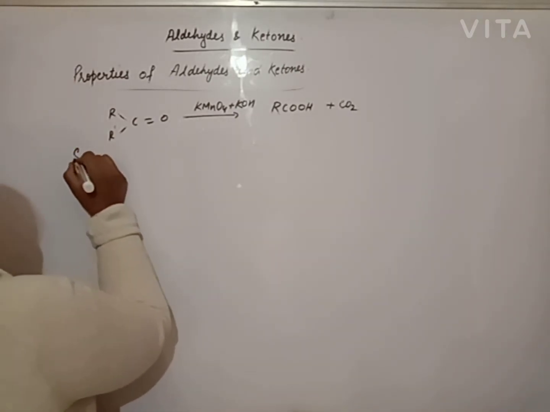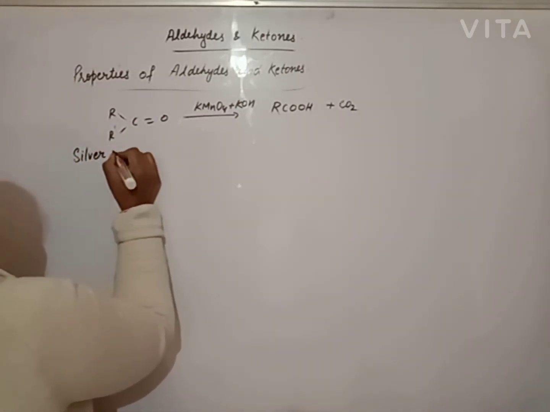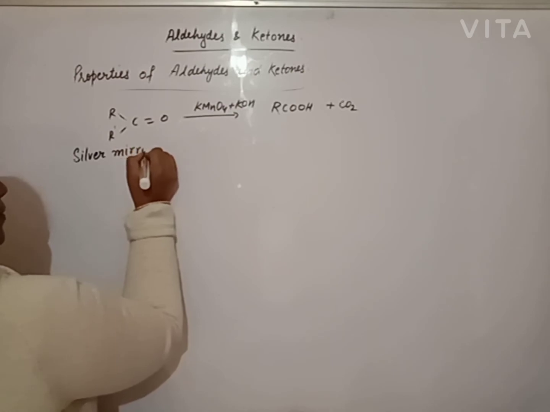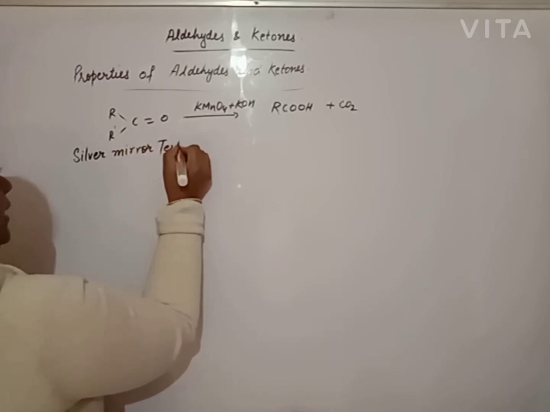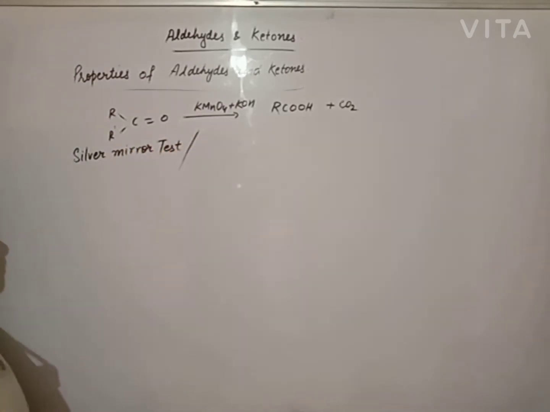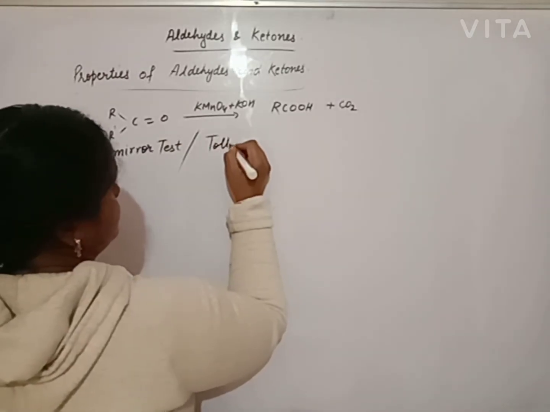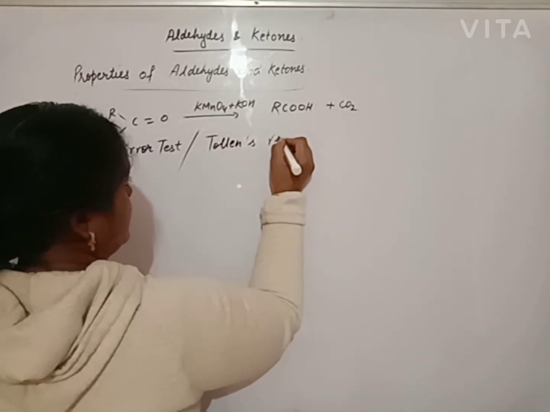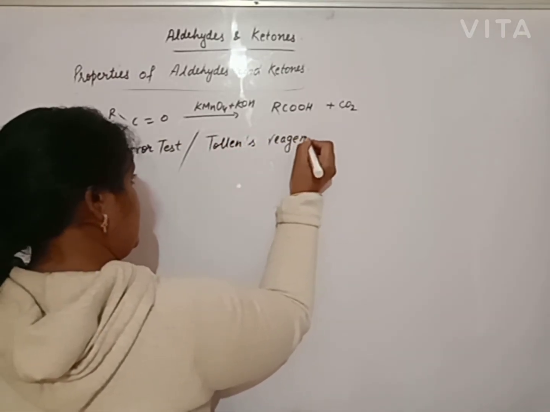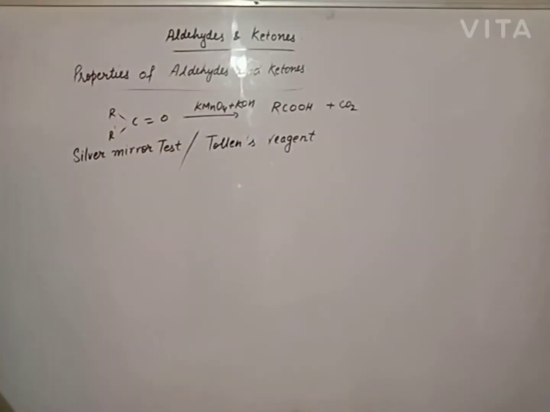The first one is the silver mirror test. This silver mirror test is also known as the Tollens reagent test. This Tollens reagent is instantly available in our lab these days.